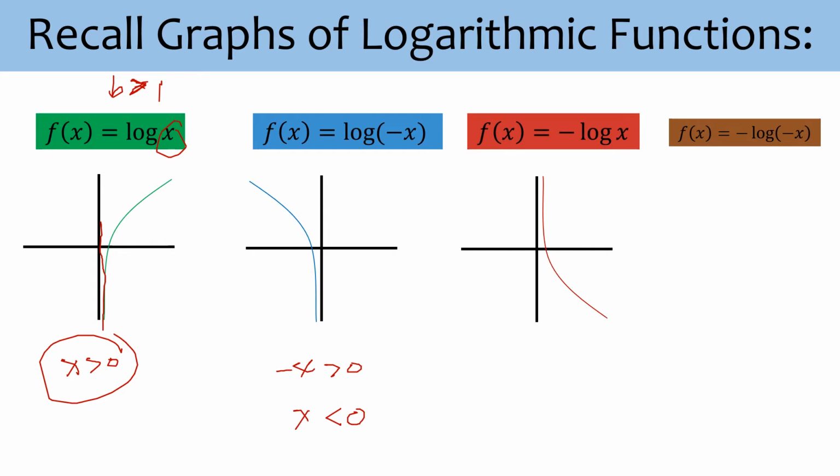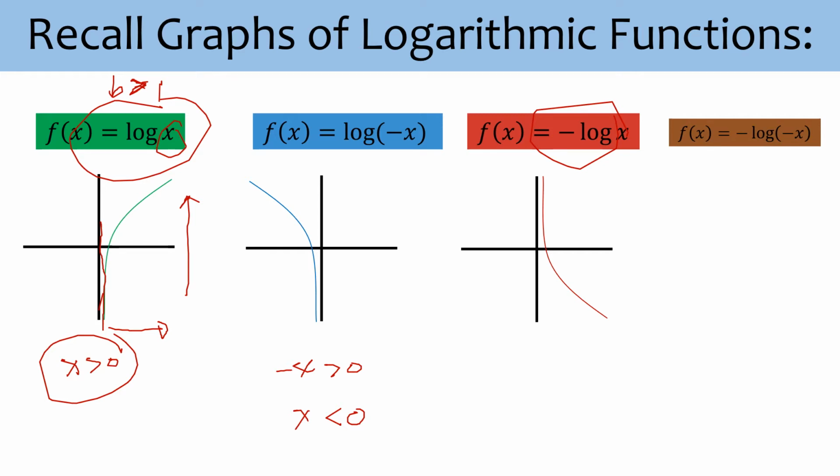Now, how about the negative log of x? It's actually a mirror of log of x, whereby the mirror is the x-axis. So these two are related to one another. As you can see here, the behavior of the function is that as we increase the value of x to greater positive numbers, the value of the logarithmic function also increases.